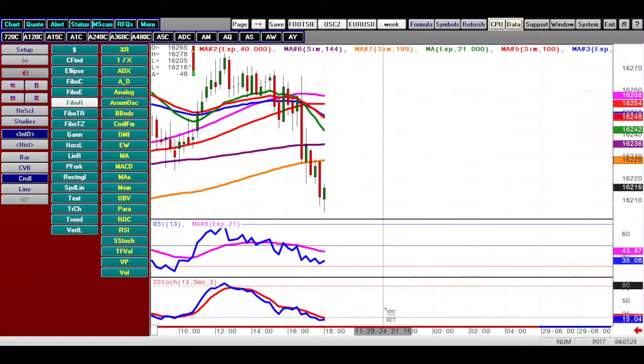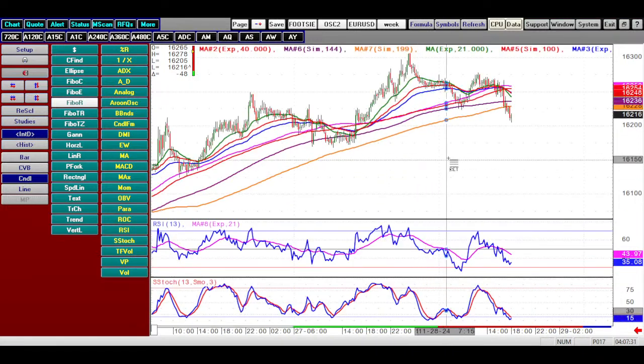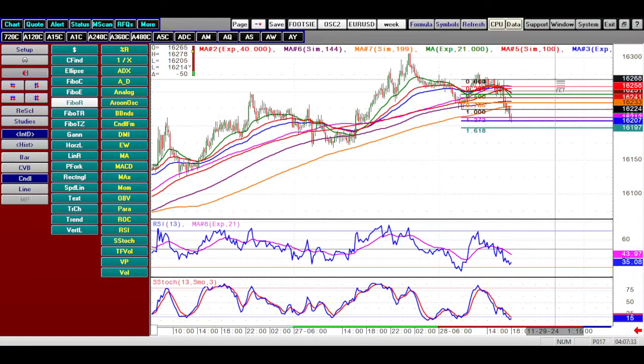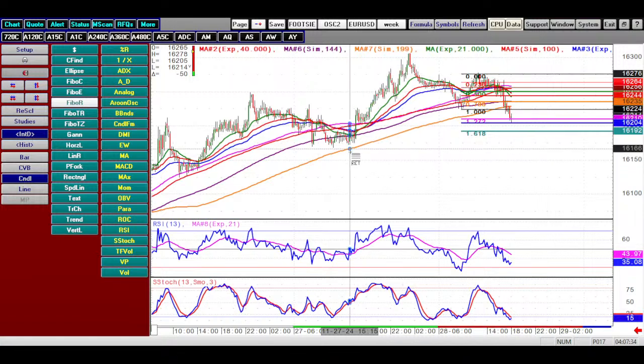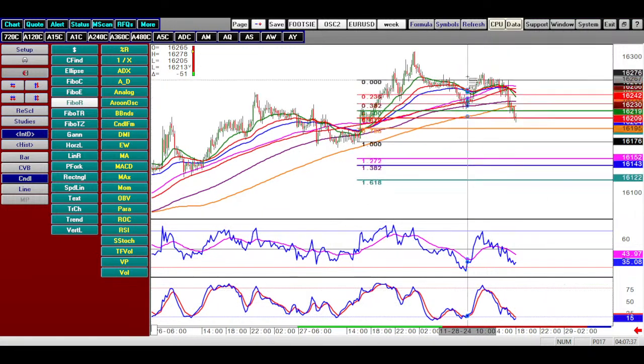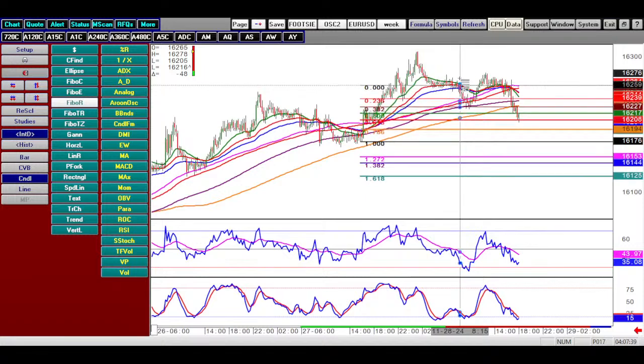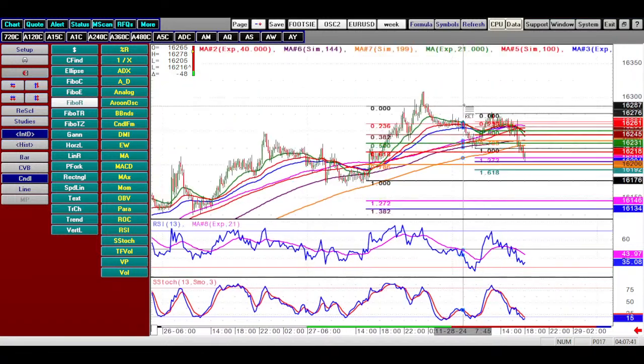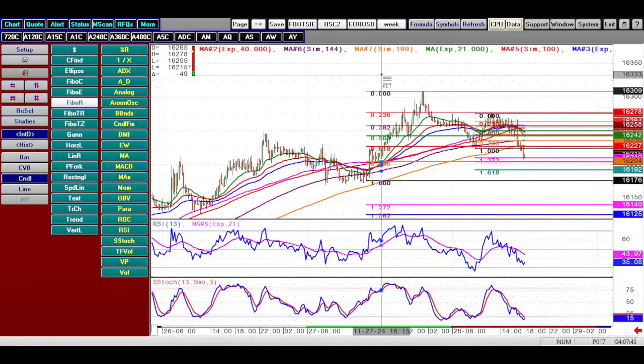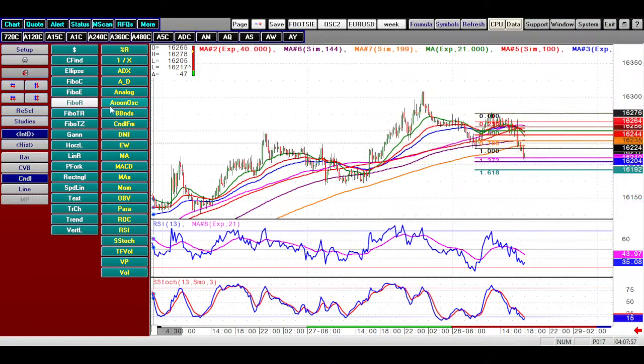Let's see how far it can go. I think this should be a good trade, but the condition, because we are expecting to hit 163.50. Our target is 163.50.